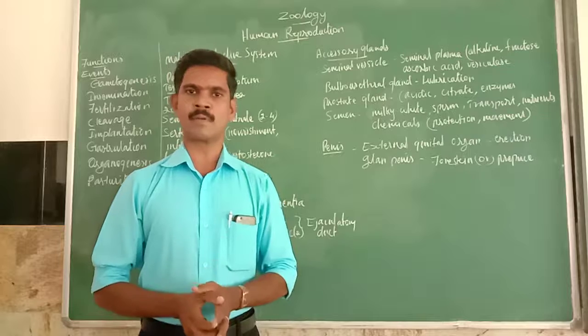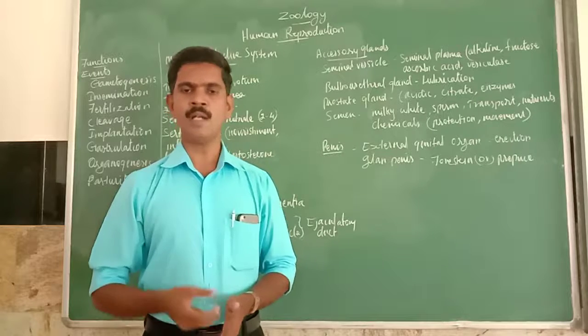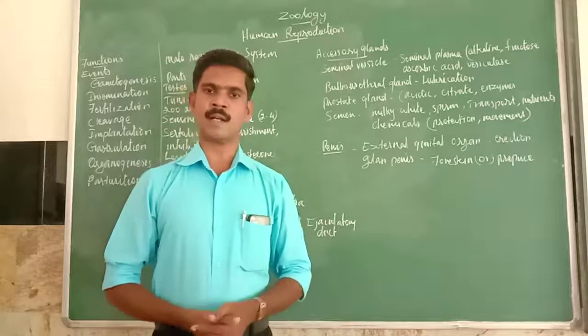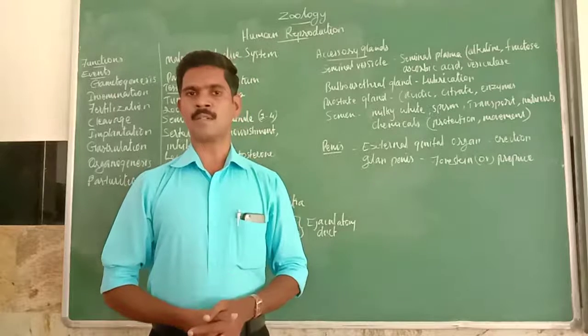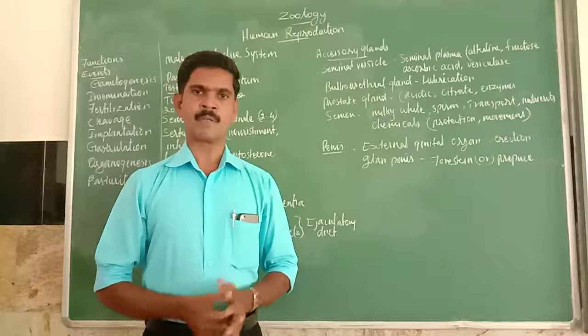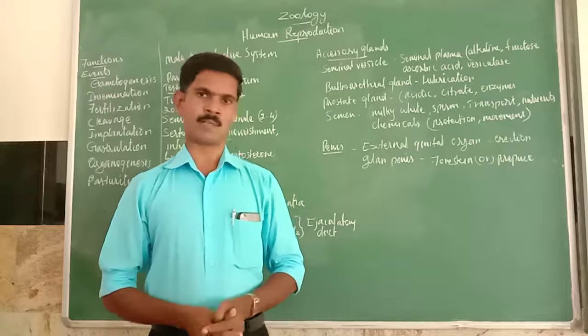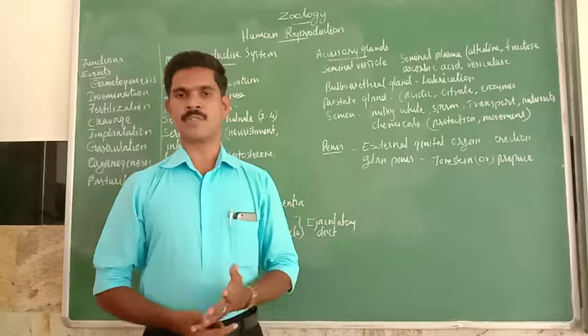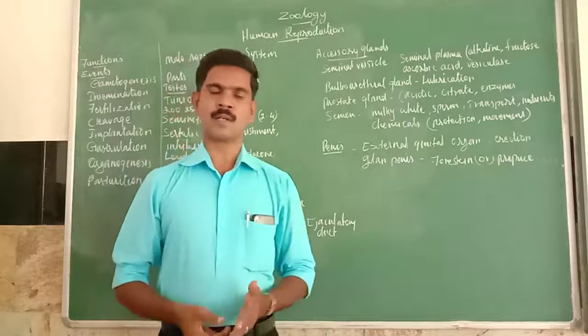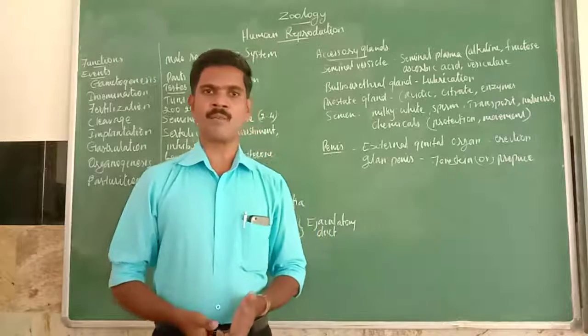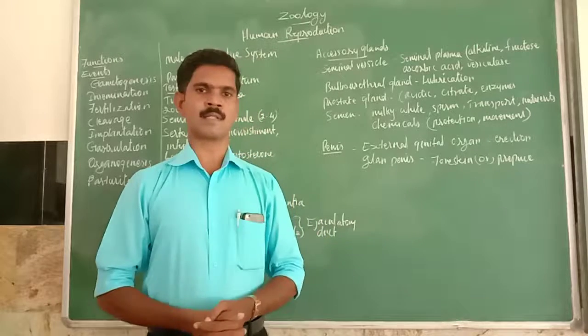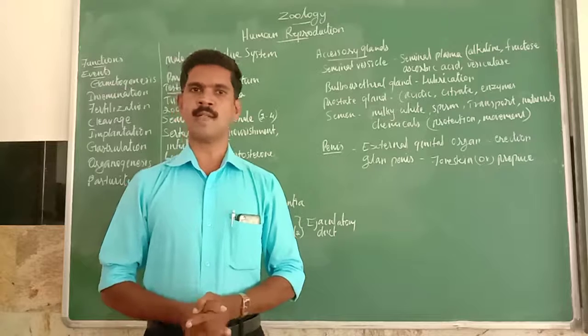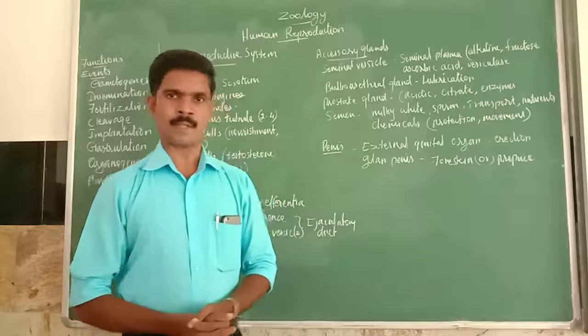So the female reproductive system gives nutrients to the developing baby. This is the third function. And the fourth function is producing sex hormones. Testosterone, progesterone, estrogen and other types of hormones are secreted in the reproductive system. So hormone secretion is the last function of the reproductive system.